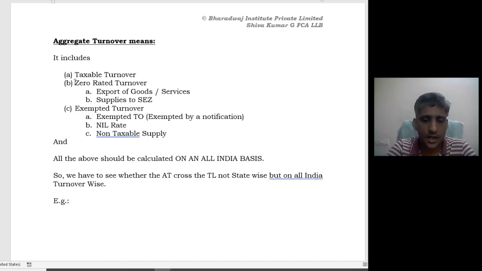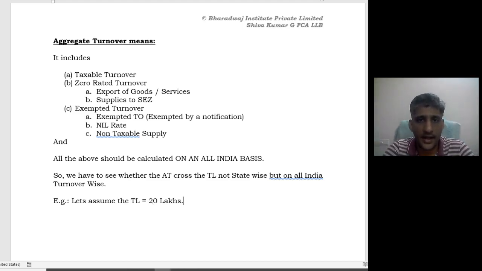Let's take an example. Again, we are yet to get into the threshold limit. Let's assume the threshold limit is 20 lakhs.